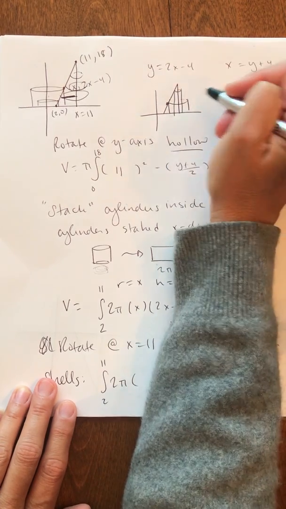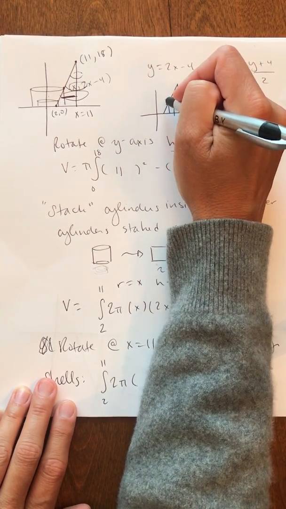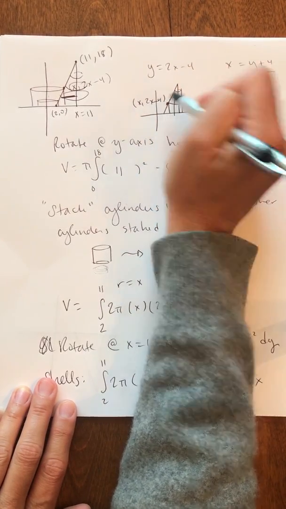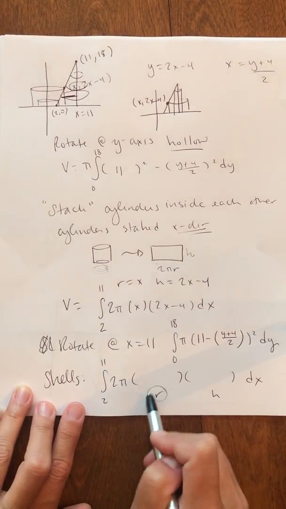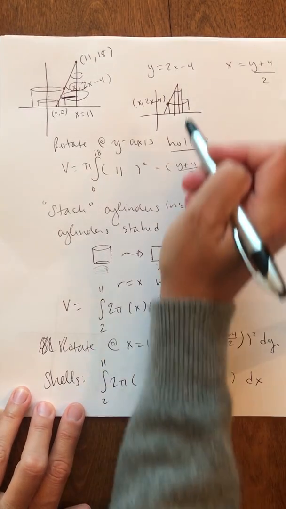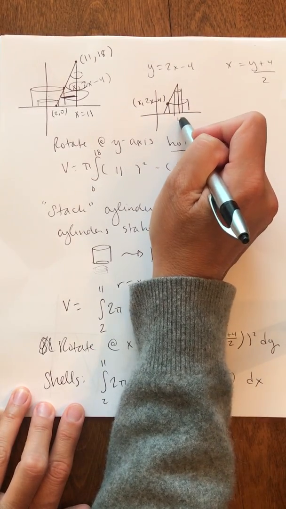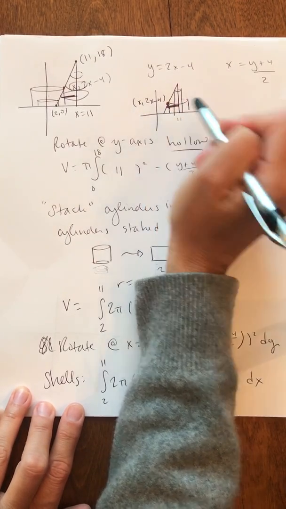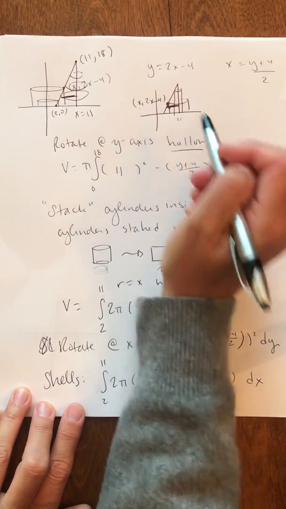If I pick an arbitrary cylinder, again, every point on here is (x, 2x minus 4). But my radius goes from x equals 11 to here. So my radius is not x anymore.